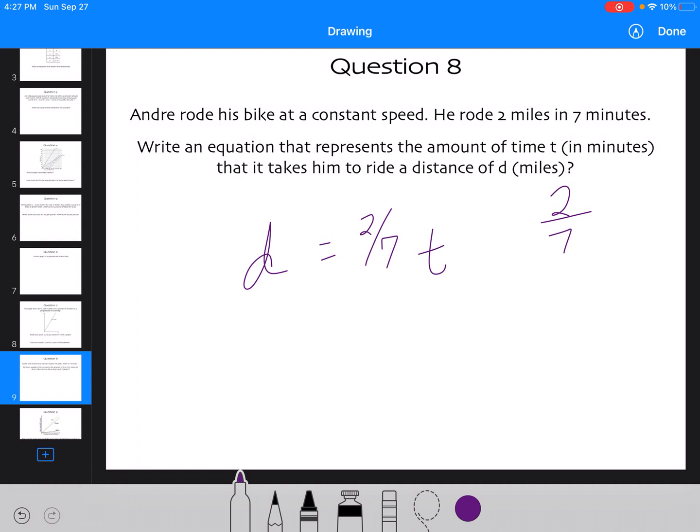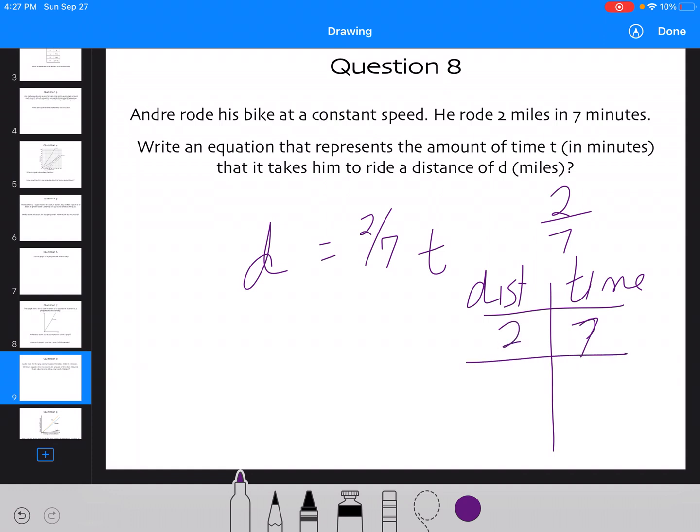If I wanted to draw it out in a table, I could also do that. So I could have my distance and my time. And I could say I want to figure out what it is for 1.